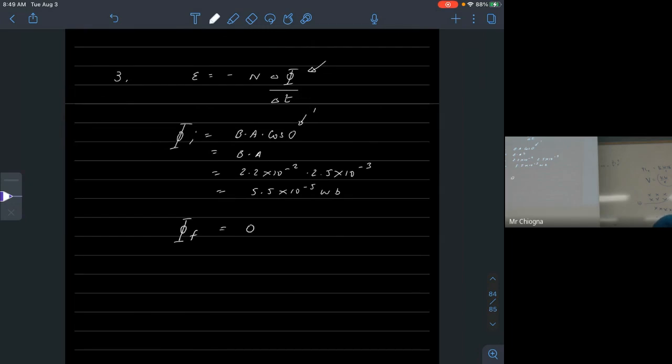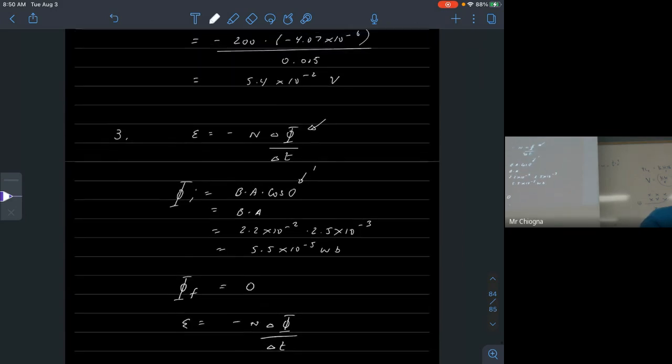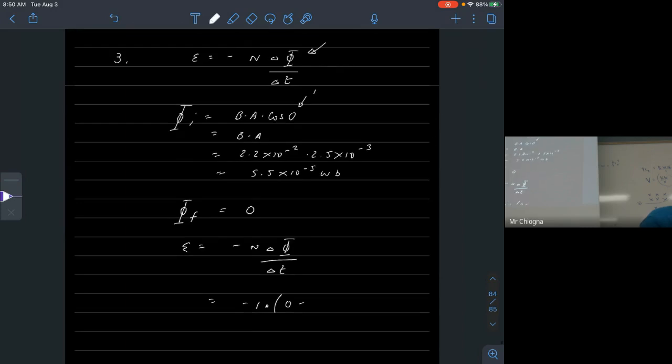So just rewrite it. So in this case, number of turns is just 1. A change in flux is 0 minus the 5.5.